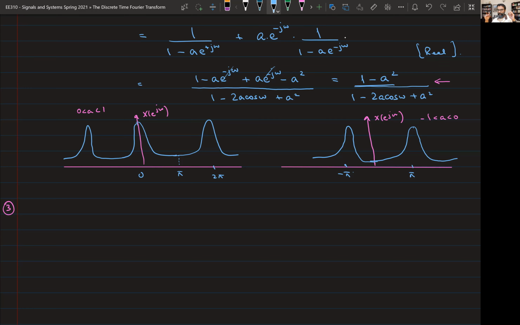In discrete time, it's a related example here, right? Which is x of n is equal to 1 for all values of absolute value of n less than capital N and 0 otherwise. So we will have to do the summation from minus N to N. Exactly, right?